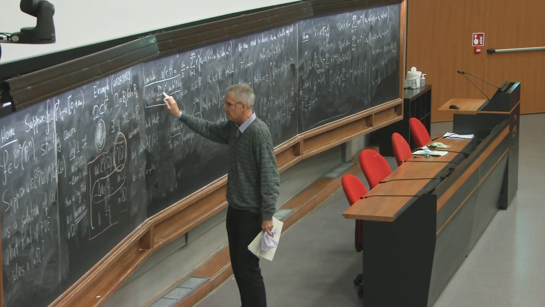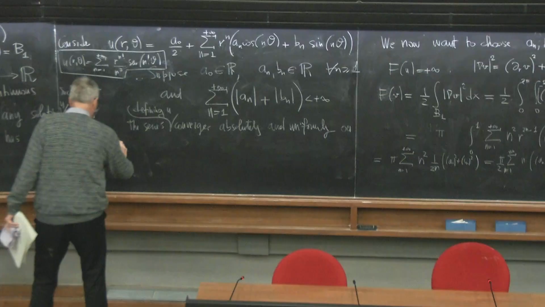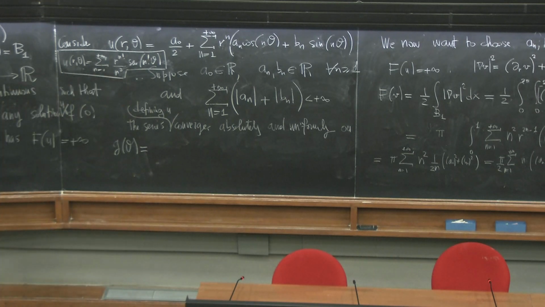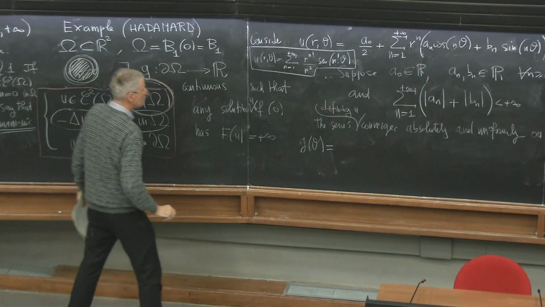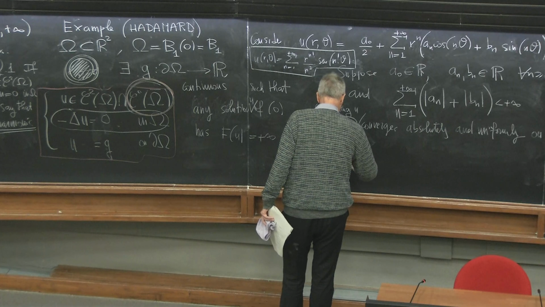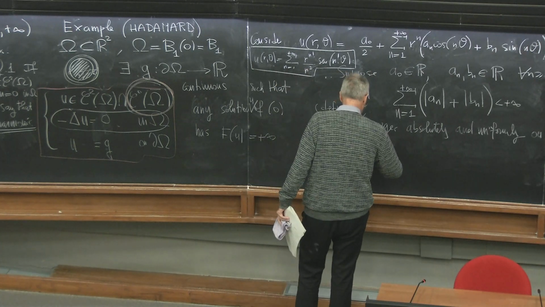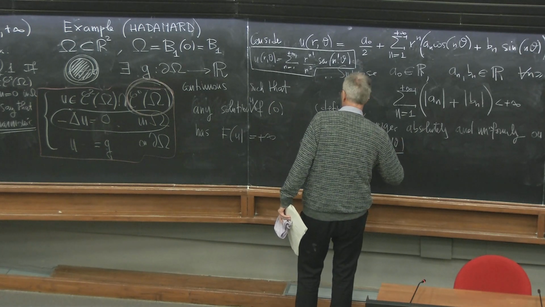Who is g? Finally, g is equal to this when r is equal to 1. So g of theta, at the end, the claim was that there exists a g continuous. So g of theta should be exactly this when r is equal to 1. So g is simply, it's not simple at all, but it is this.